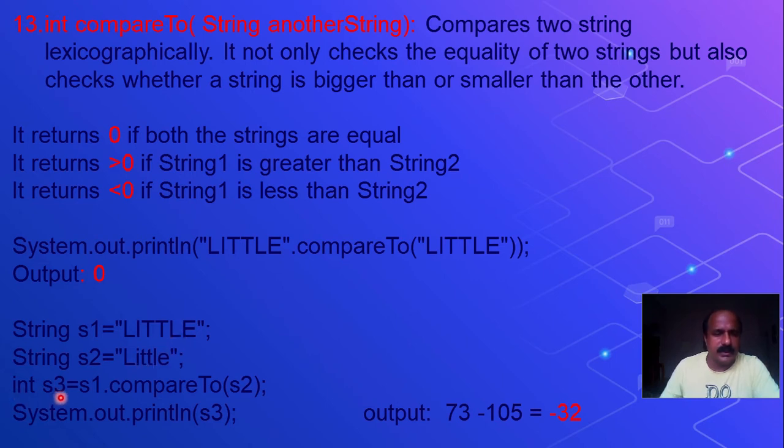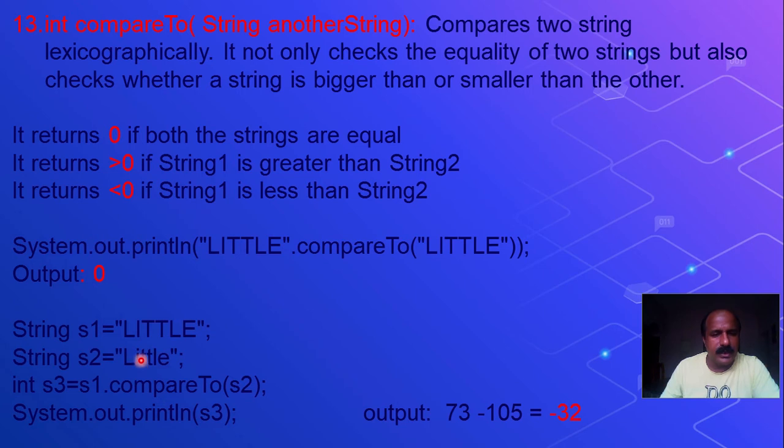In s3 you have to store the answer in an integer variable, because the return type I have mentioned here is int. int s3 = s1.compareTo(s2). So comparison will start. L and L, both the letters are equal. I, this is capital letter and this is small letter.